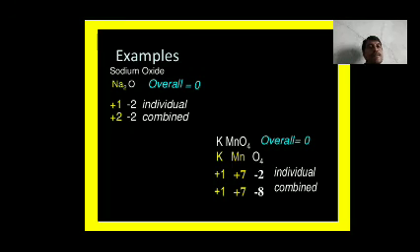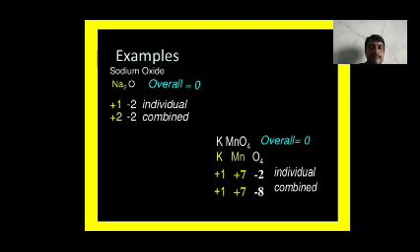KMnO4: total oxidation number is equal to 0. 1 potassium, 1 manganese, 4 oxygens is equal to 0. K plus Mn plus 4 oxygens is equal to 0. Potassium is a first group element, so its oxidation number is plus 1. Oxygen's general oxidation number is minus 2, so 4 oxygens total minus 8.